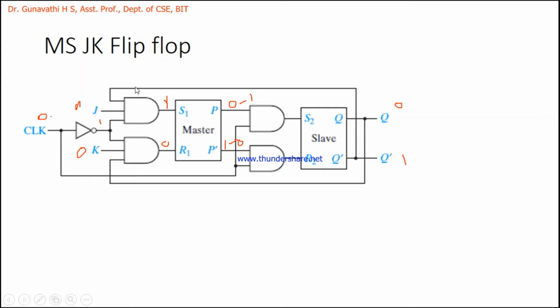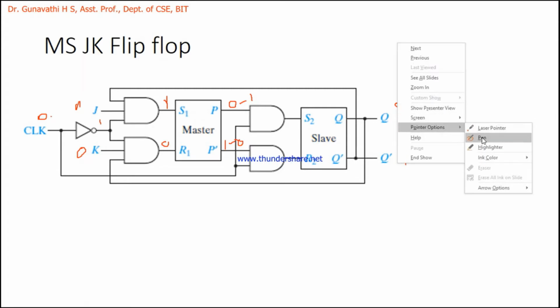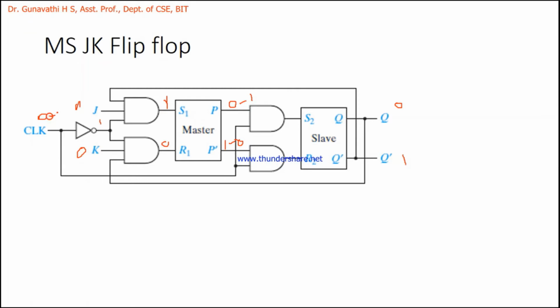This master will be triggered when the clock is 0. So the slave will not be working at that instant when the clock is 0. When the clock changes from 0 to 1, the slave starts working. Now the clock is 1, the master is inactive, and the slave is activated.